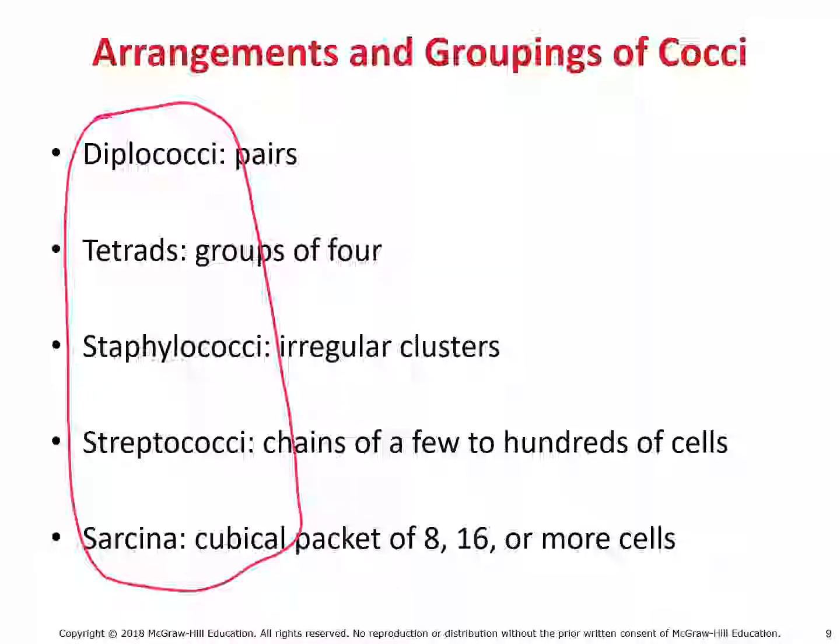Tetrads are 4 cocci stuck together. Staphylococcus are an irregular cluster. Streptococcus is a chain. And then Sarcina is usually a cuboidal packet that increases as a cube.